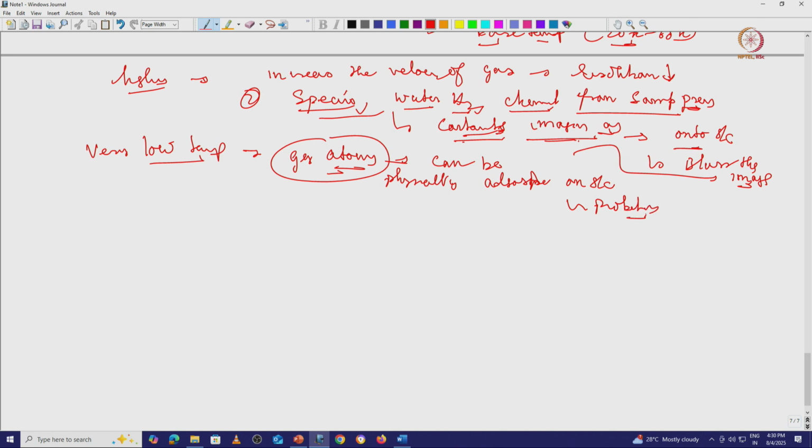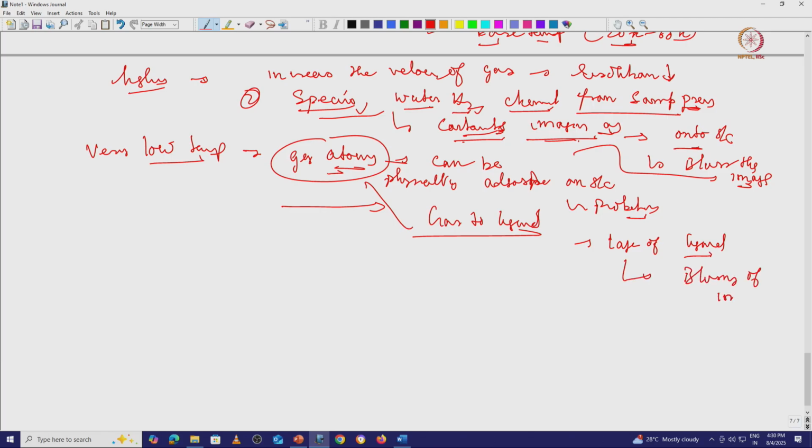Okay, so if the specimen is kept cooler than the gas-to-liquid transition temperature of the imaging gas, then it will form a layer of liquid, and that can create blurring of the images.